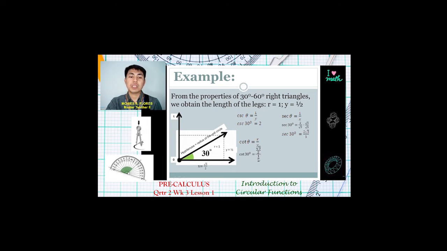Reciprocal of the denominator, 2 over 1. Cancel the common factor 2. So square root of 3 over 1, the value of our cotangent 30 degrees is simply square root of 3. So these are now the 6 trigonometric function values of our given angle, which is 30 degrees.